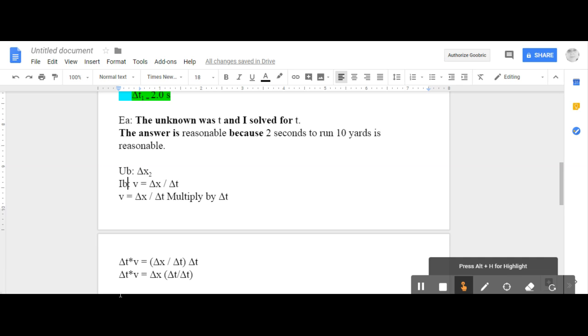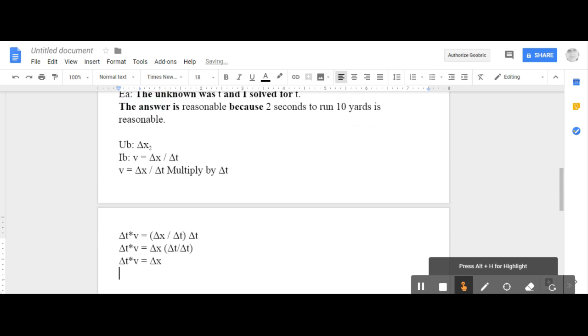We were just talking about how delta t divided by delta t is actually 1. So I can cancel that out. So now I have an equation, delta x equals delta t times v. So I have isolated delta x. I've solved for delta x. So now I'm ready to do the math.